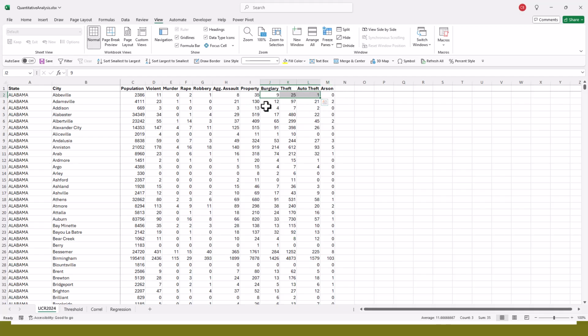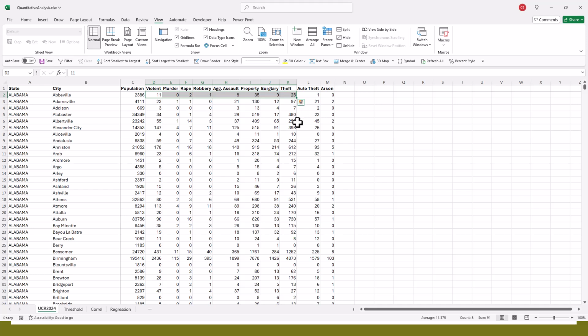Arson doesn't appear in either of the 2 counts. It's a bit of an odd one out, arson, because there are a lot of agencies that don't report it because their fire departments are the ones that make arson determinations, and not the police department. So the FBI doesn't get those statistics. So a lot of the time we simply work with the first 7 of the index crimes.